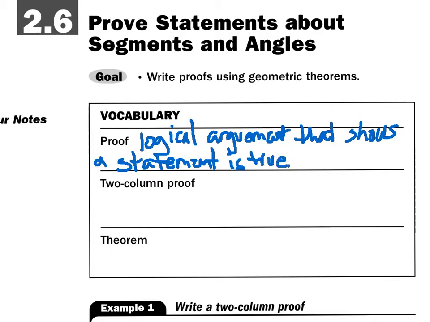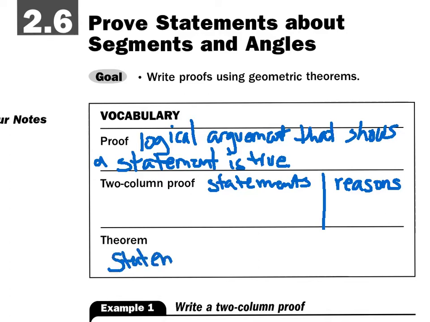And a two-column proof has statements on one side and reasons on the other side. A theorem is a statement that can be proven, usually from postulates.